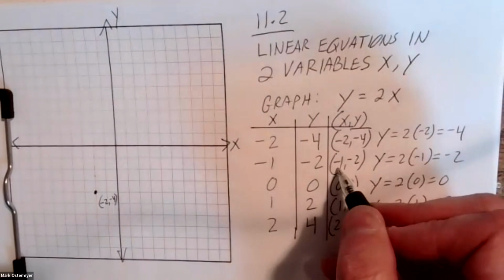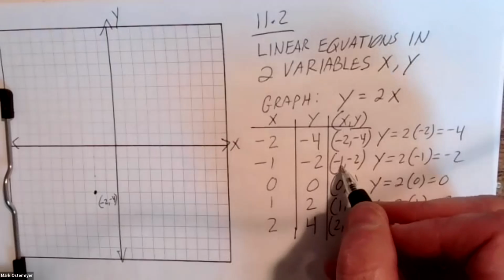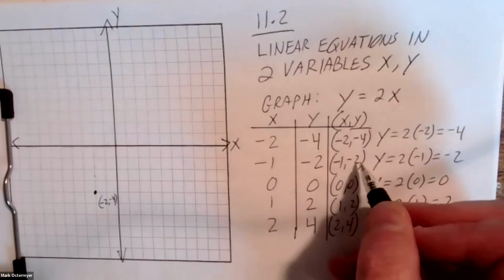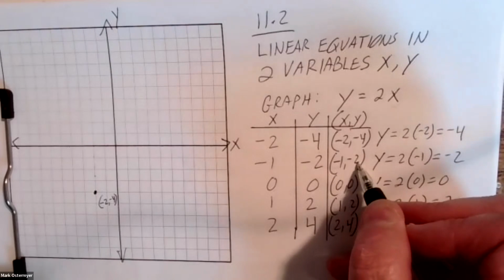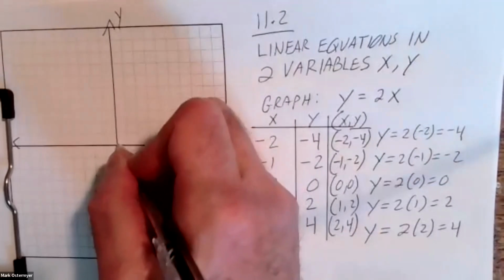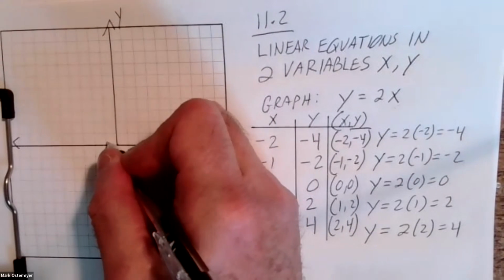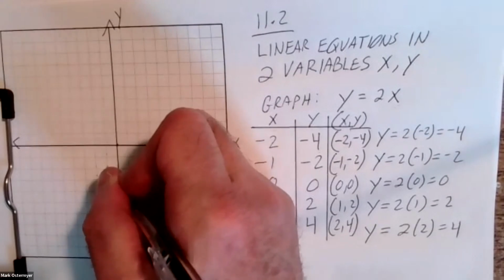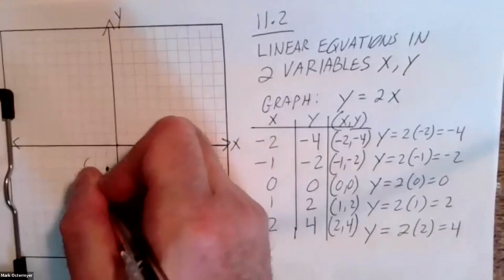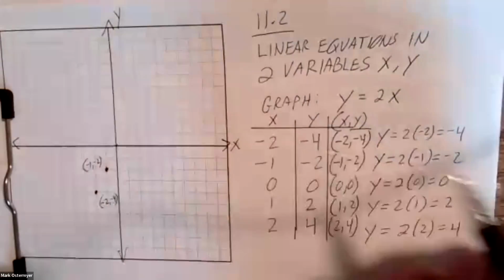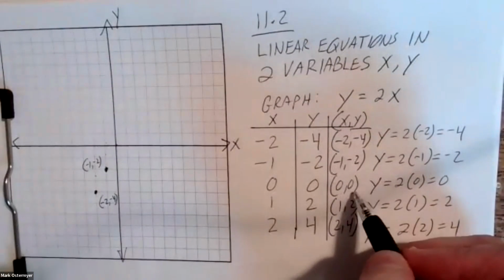To plot this other ordered pair solution of our linear equation, -1, -2, we start at the origin. I move 1 to the left on the x-axis, and then I move down 2 units parallel to my y-axis. Start at the origin, 1 to the left, now down 2: -1, -2. There's -1, -2 right there. Plotting the next ordered pair solution, which is 0, 0.